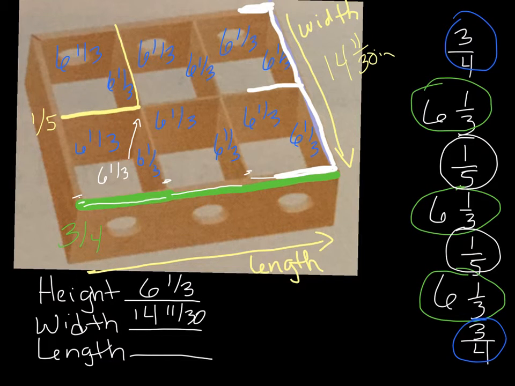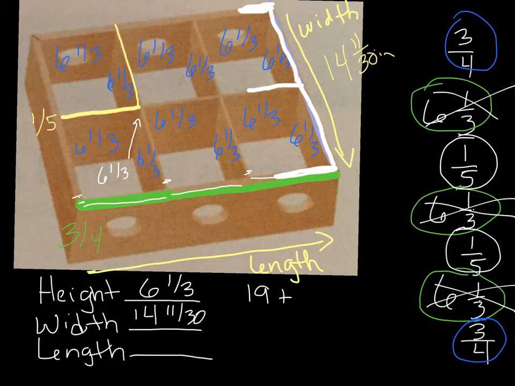So I'll start by adding my largest one, my 6 1/3. 6 1/3, 3 times is going to get a 6 times 3, which is 18, and 1/3 and 1/3 and 1/3 is 3/3, which is equal to 1. So I have 18 plus 1, which is 19. That takes care of our 6 1/3.